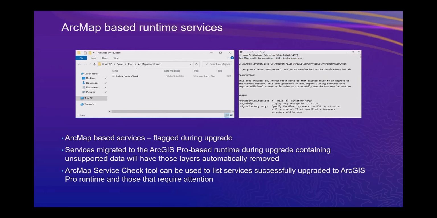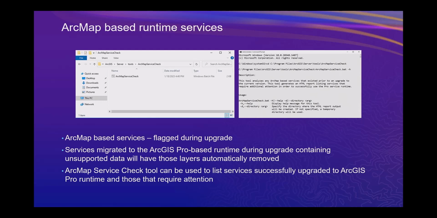Let's talk a little bit about the ArcMap-based service runtime. So ever since 10.9.1, the writing has kind of been on the wall for the removal of the ArcMap-based service runtime. It was the last time we supported the ArcMap-based service runtime, and we've been talking about how this change will affect our users. So, in anticipation for users upgrading to ArcGIS Enterprise 11.1, which is a long-term support release from ArcGIS 10.9.1, the upgrade process includes a fully fleshed out process to identify, convert, and report on feature services that use the ArcMap-based service runtime.